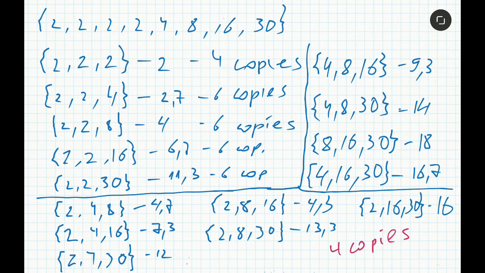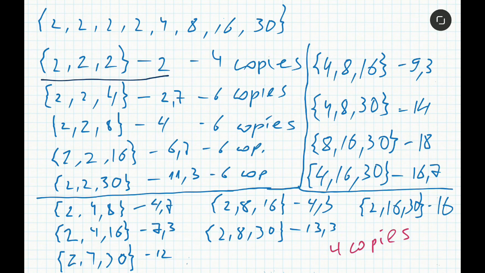So we have 1 and 6 here, 7 samples of 4 copies each, and then we have 4 samples of 6 copies each and 4 samples of 1 copy each.